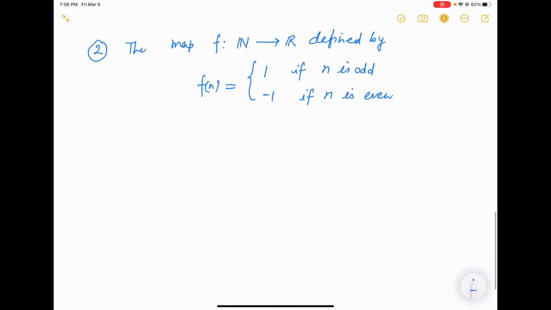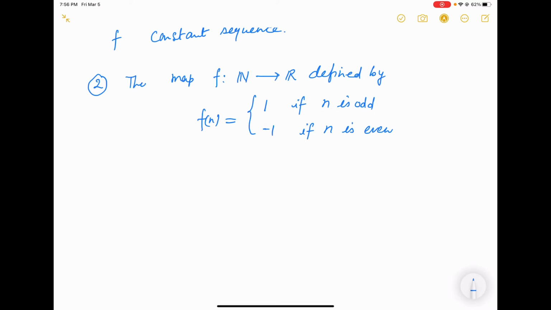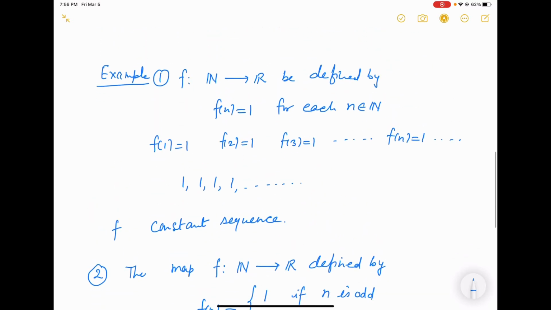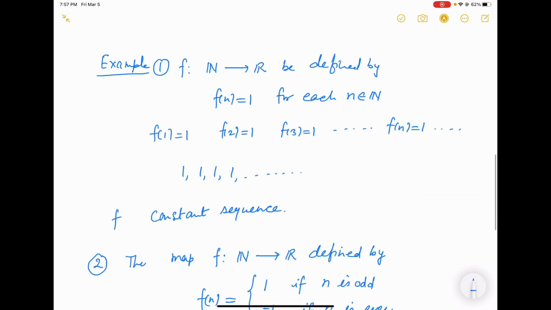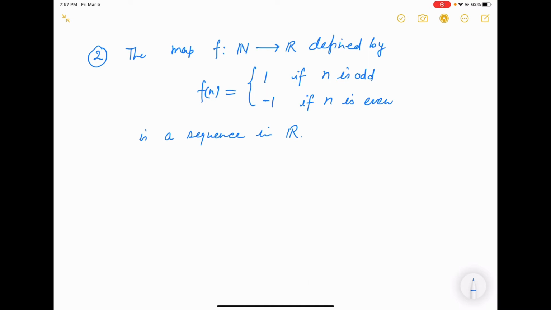So this F defined by this is a sequence in R. Similarly, here, this is a sequence in R.